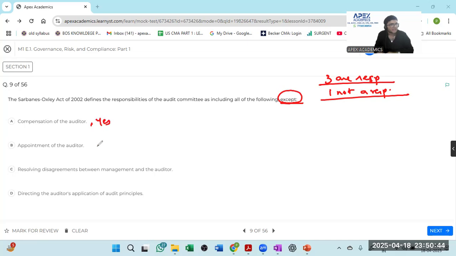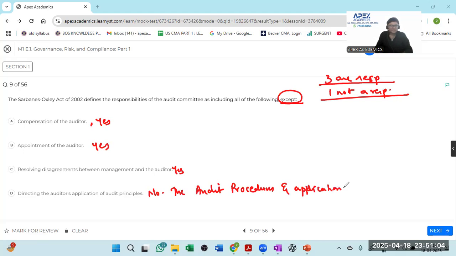Compensation of auditor? Yes, it's a responsibility. Appointment? Yes. Resolving disagreements between management and the auditor? Yes. Directing the auditor's application? No. The audit procedures and application of audit principles are the auditor's professional judgment.